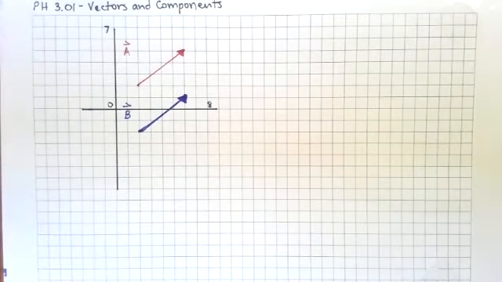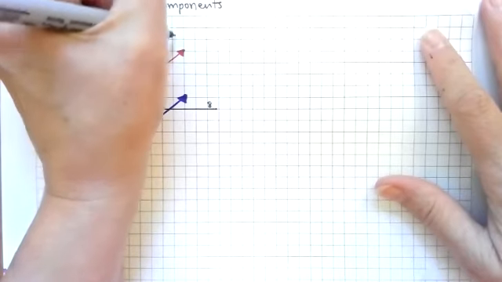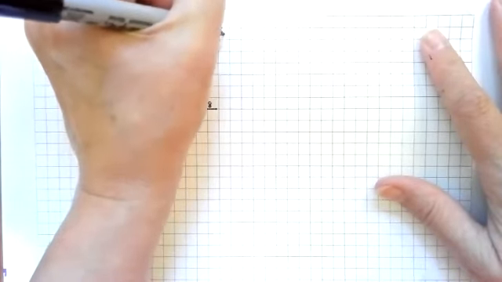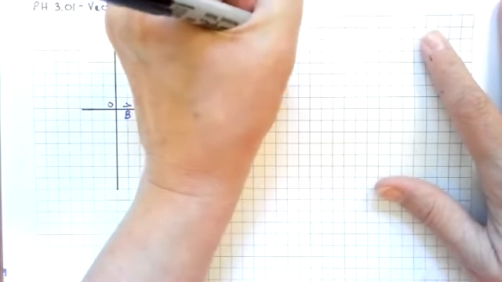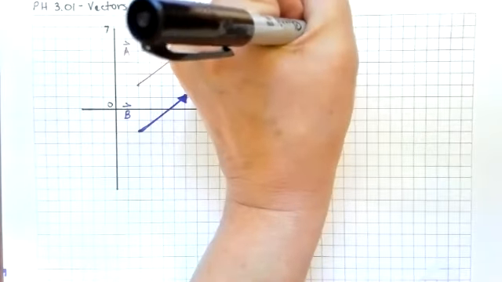The coordinates aren't the same, but with vectors that doesn't matter. A and B have different coordinates, but they are the same vector.